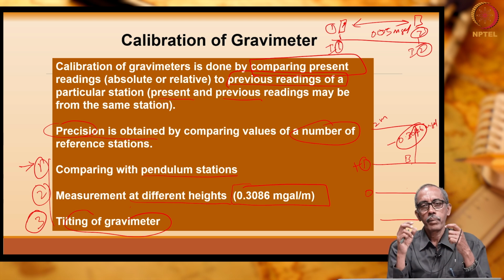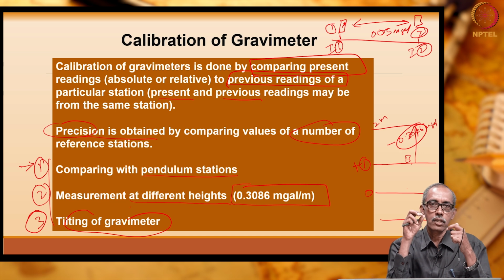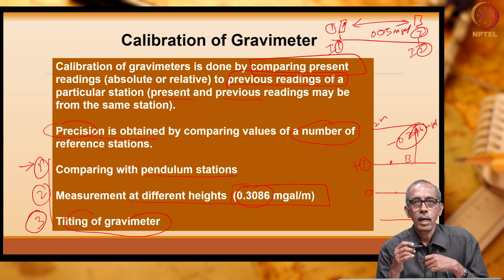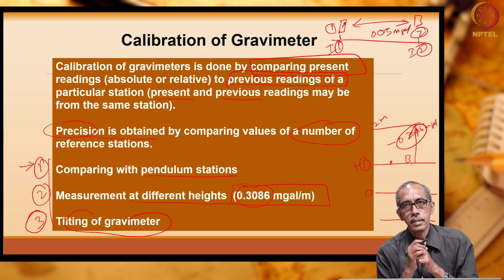calibrate the instrument. That means manufacturers have provided a way to change the reading; this process is known as calibration. For example, I kept the instrument here, I shifted the instrument here 1 meter, the reduction in gravity should be 0.3086, but the gravity has decreased by 0.4 milligauss.